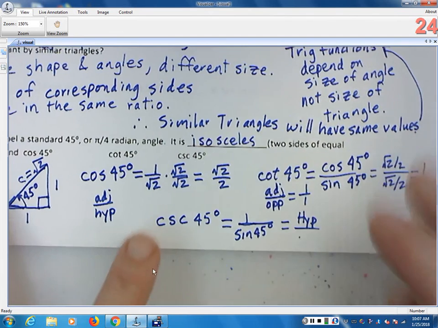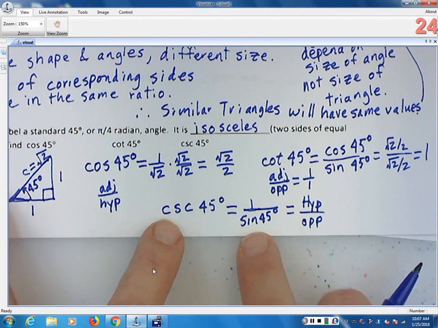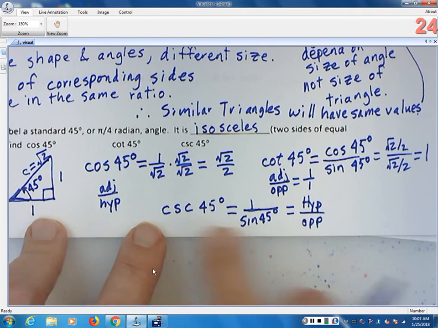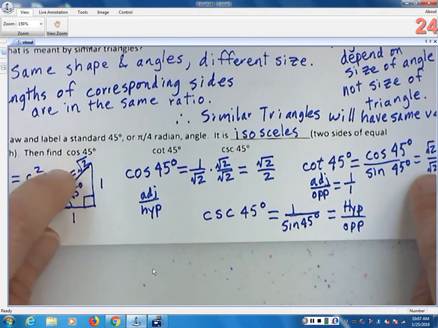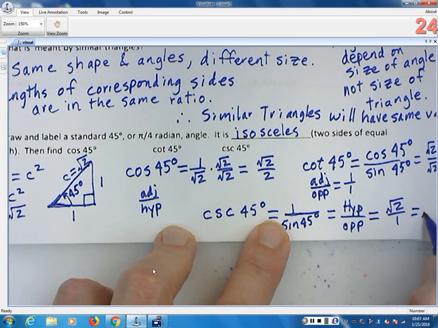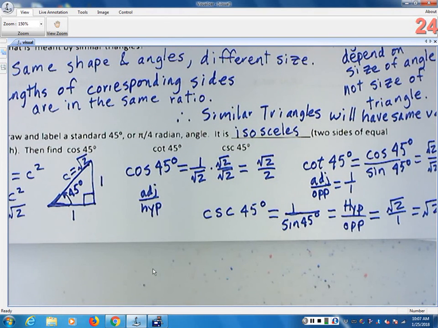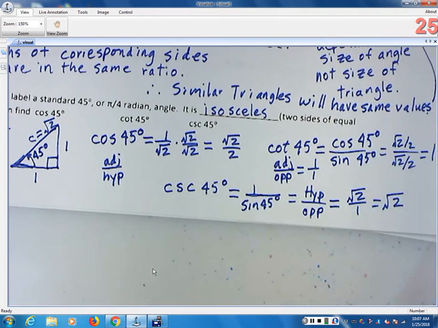Hypotenuse over opposite. I guess I'm used to just working it from this. I don't have these memorized. I have 1 over sine memorized, and I would find sine first, and then flip it. And you're going to get square root of 2 over 1. So you can do it more than one way. It's the square root of 2. I just use these all the time and don't have the extra ones memorized.